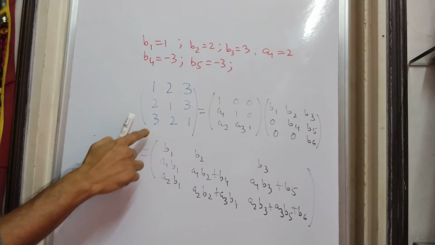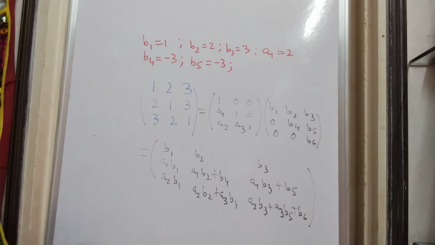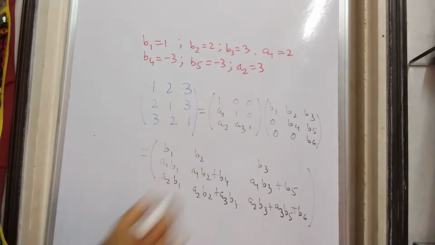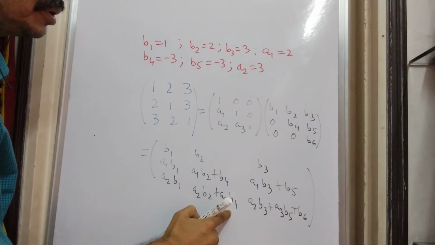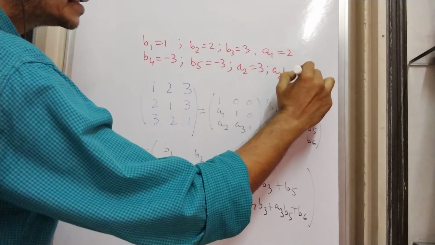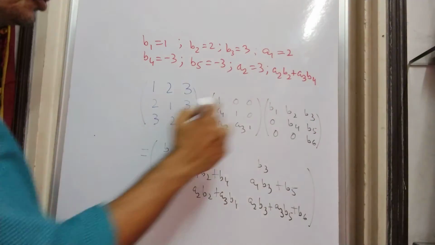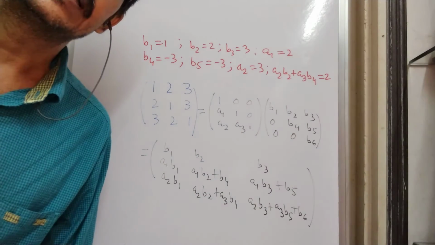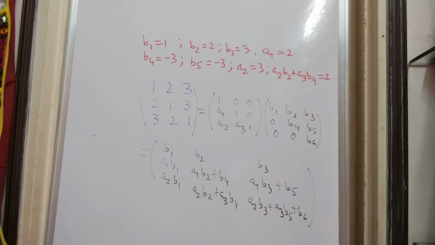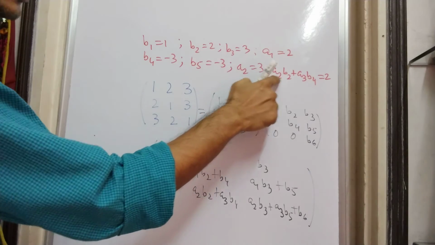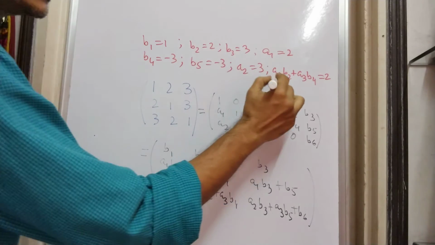Then we have A2 B1, which is 3, and B1 is 1, so A2 is 3. Then we have A2 B2 plus A3 B4, and that is 2. Now B2 is 2 and A2 is 3, so A2 B2 is 3 2s are 6.